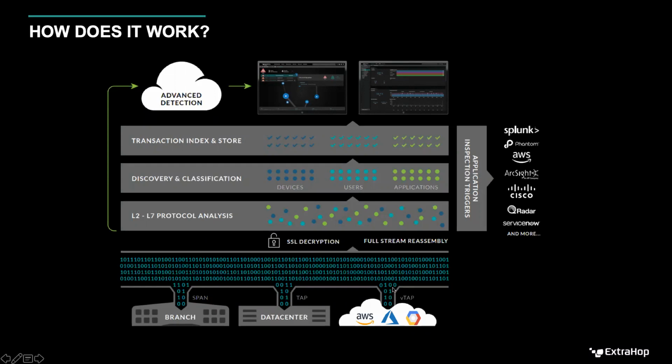AWS has something called VPC traffic mirror. Azure has something, still in beta, called VNTAP, virtual network tap. GCP has something called packet mirror. Basically, they can replicate the packets in real time from any of the interesting workloads that the customer wants visibility into.